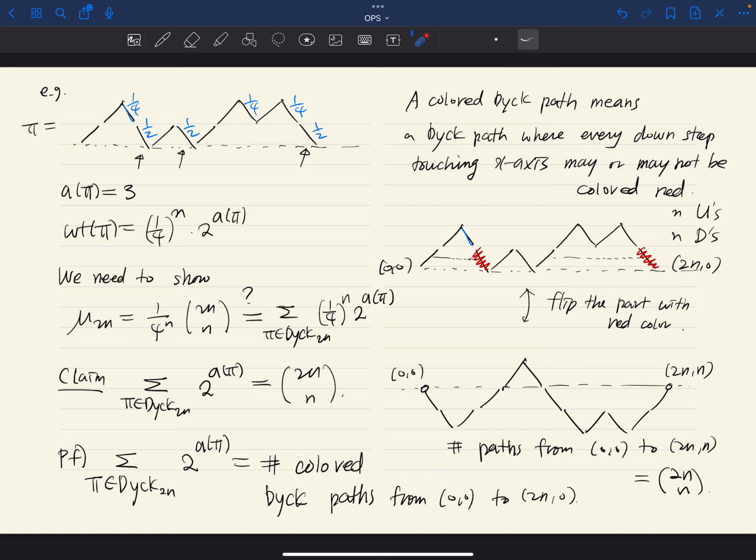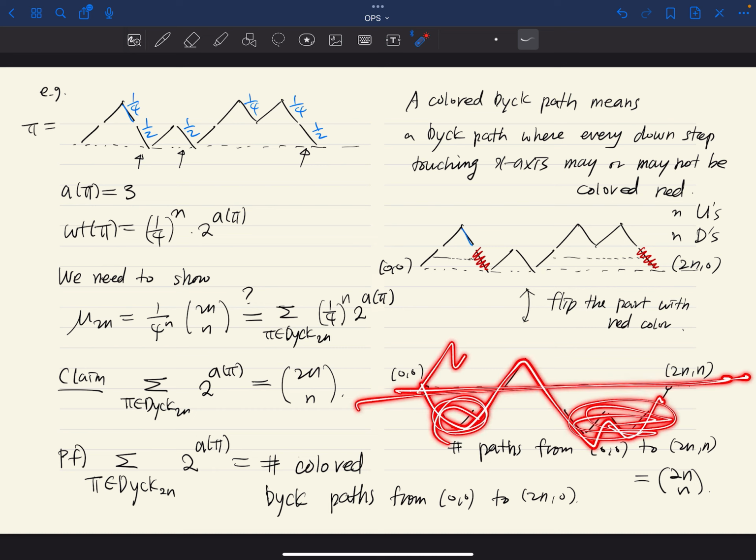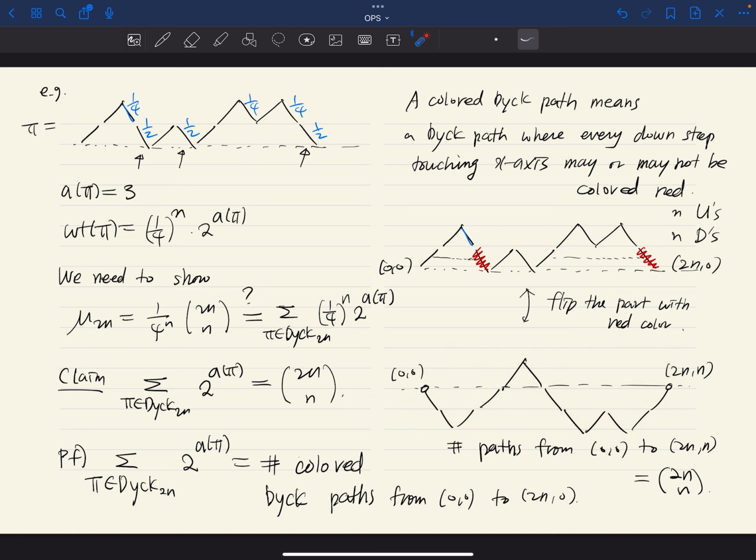Actually, that's basically the proof. This is a bijection, because whenever you have a path like this, you can just flip things below the x-axis like that, and then you mark these down steps red. It's a 1-to-1 map. And that's the proof, basically.